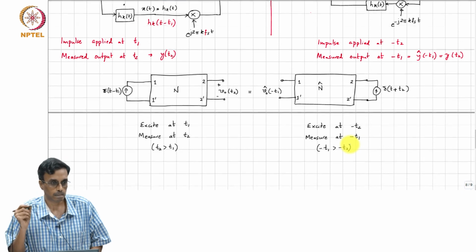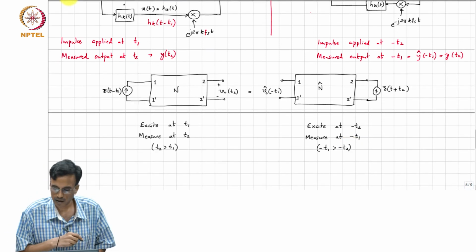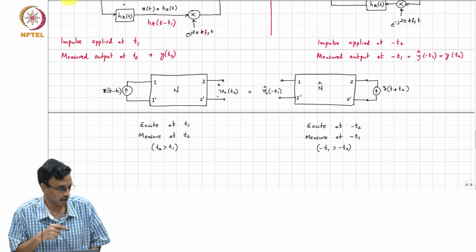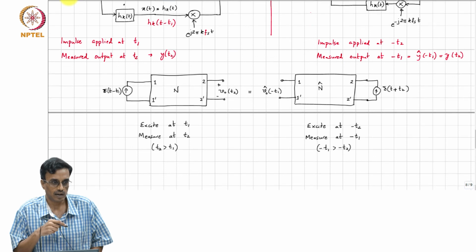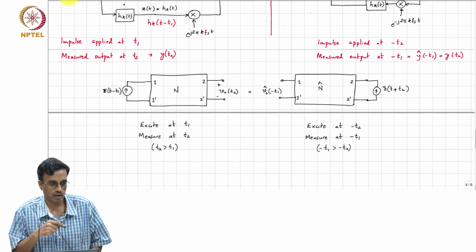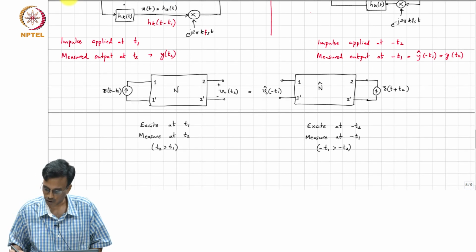All right. So, this is the time domain interpretation of inter-reciprocity in LPTV networks. You understand? Okay, we will stop here, we will continue tomorrow.